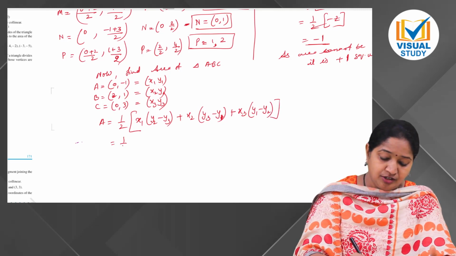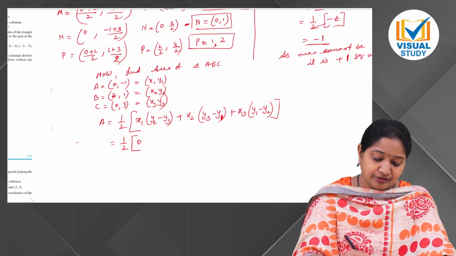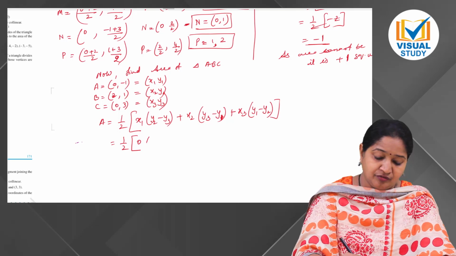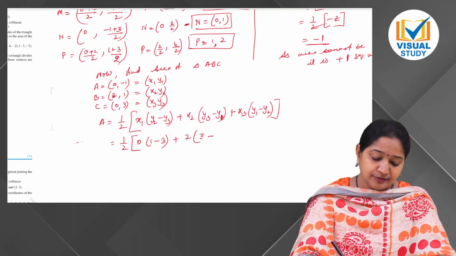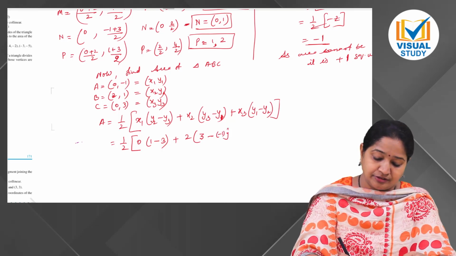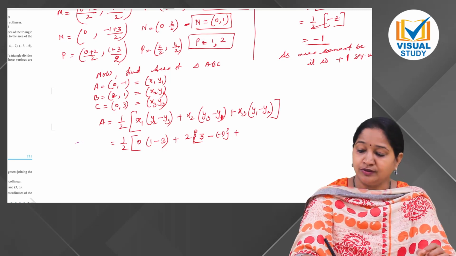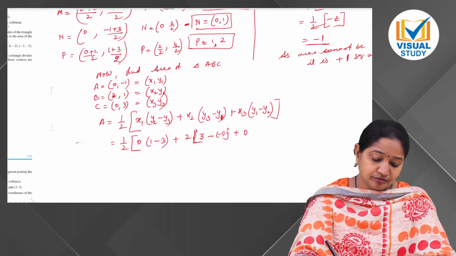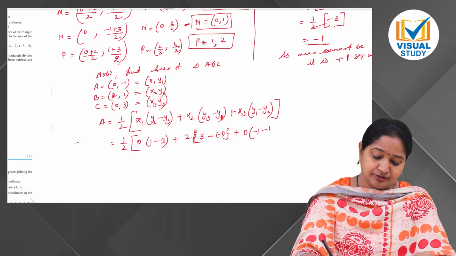That is half, x1 is 0, y2 is 1, y3 is 3, plus x2 is 2, y3 is 3 minus y1, minus of minus 1, plus x3 is 0 into (y1 minus 1 minus y2).